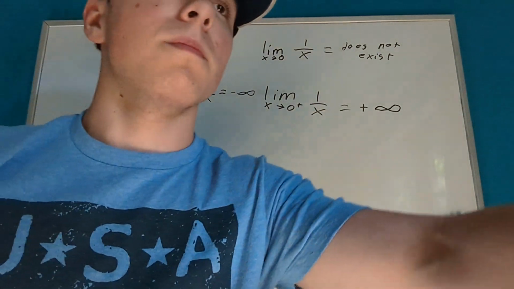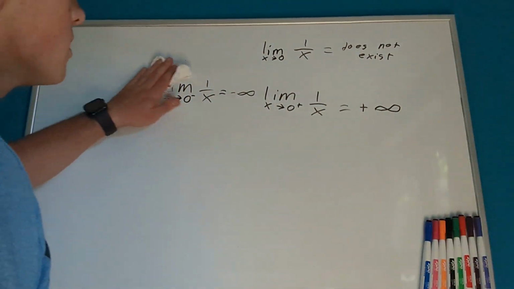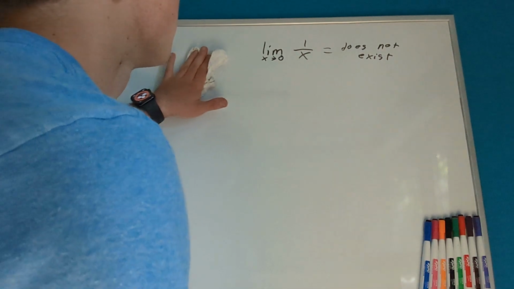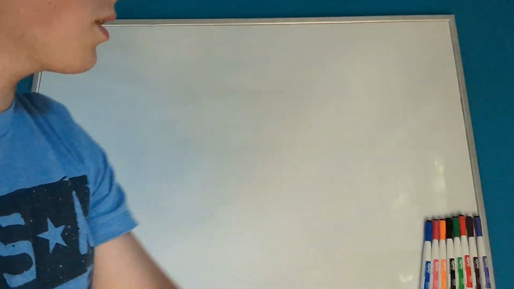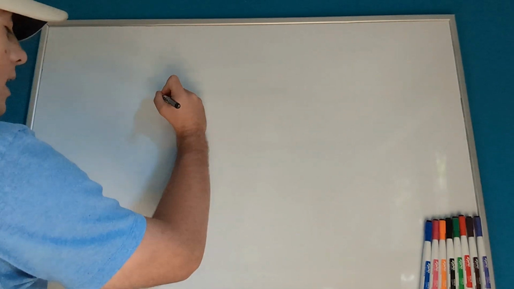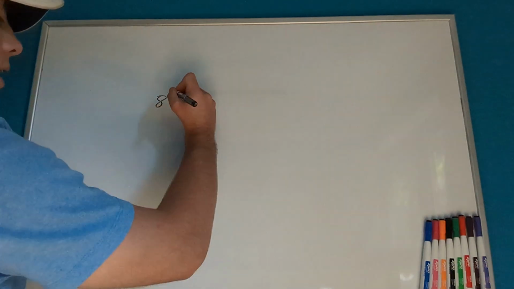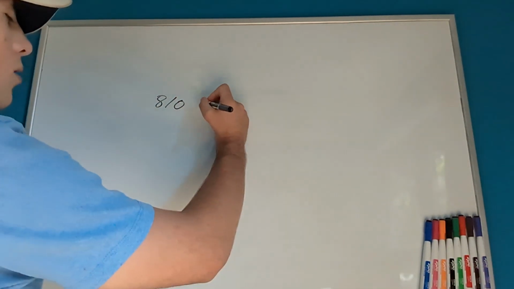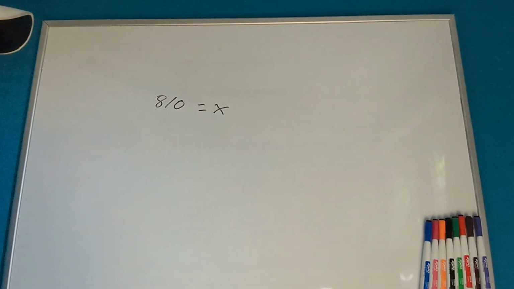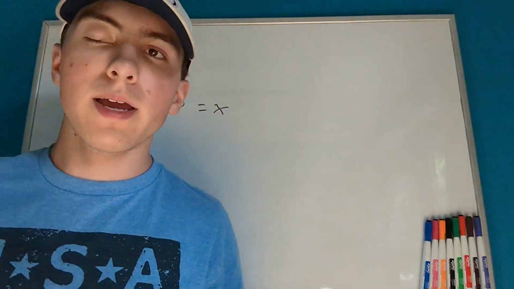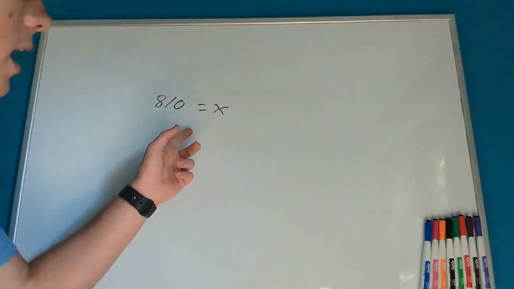Okay, so then let's take a look at this algebraically. Let's say we have 8 divided by 0 equals some value x. We don't know what the x value is, but whatever it is, that's our answer.